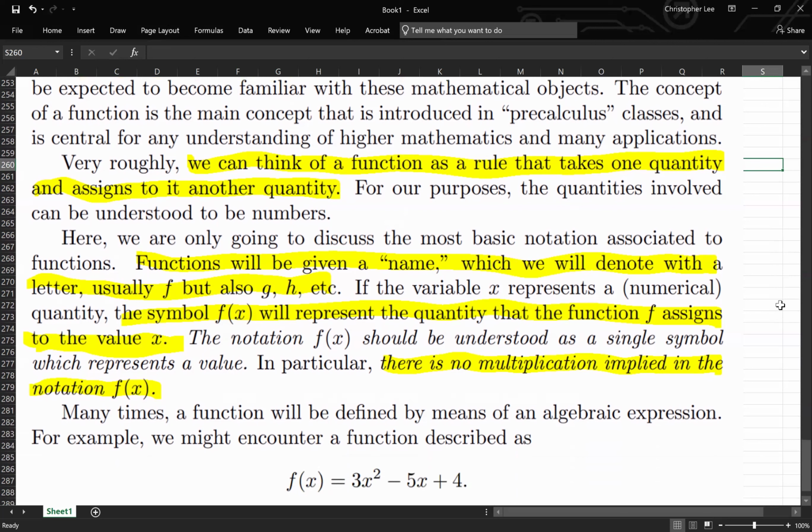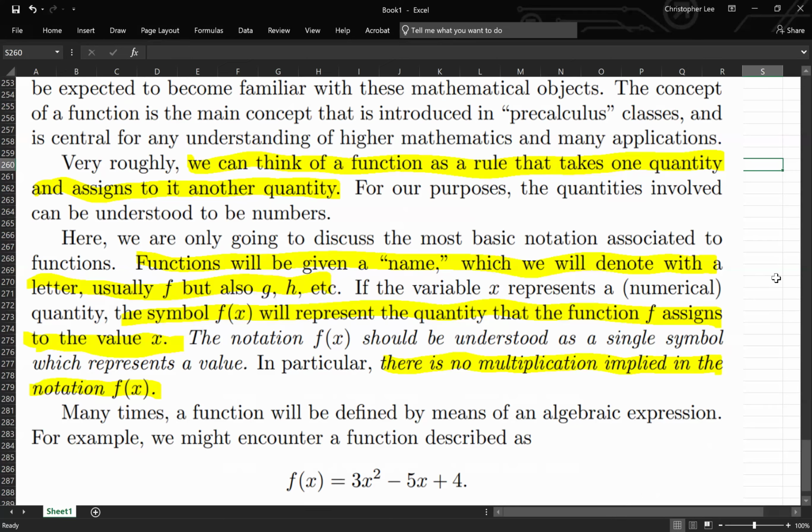Functions will be given a name, which we will denote with a letter, usually f, but also g, h, etc. If the variable x represents a numerical quantity, the symbol f of x will represent the quantity that the function f assigns to the value x. The notation f of x should be understood as a single symbol, which represents a value. In particular, there is no multiplication implied in the notation f of x, all right?